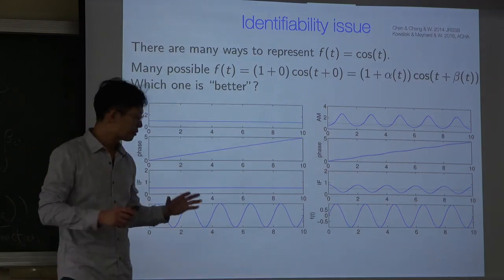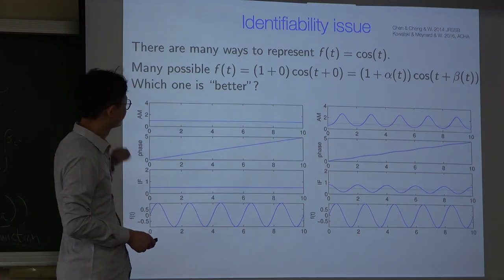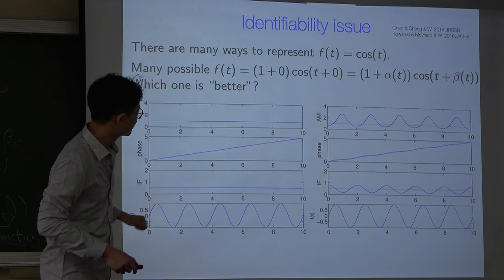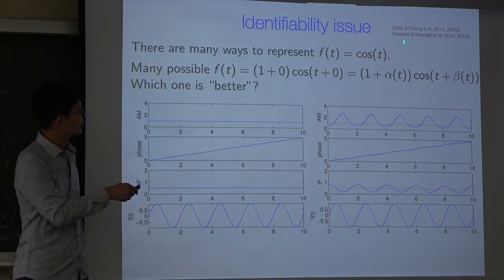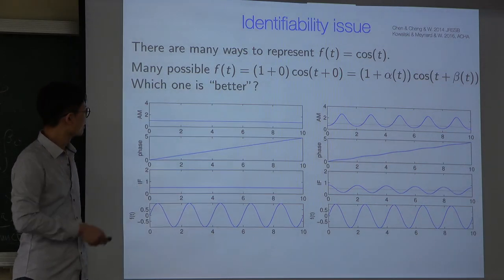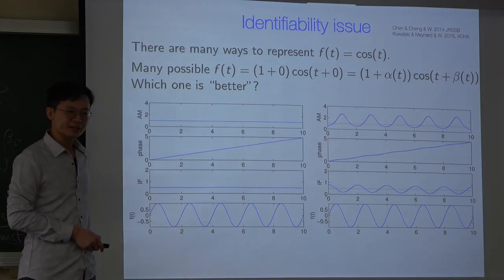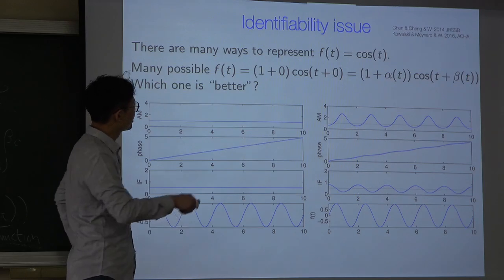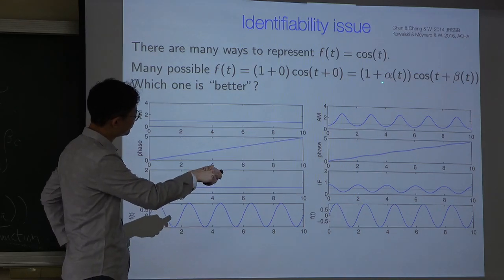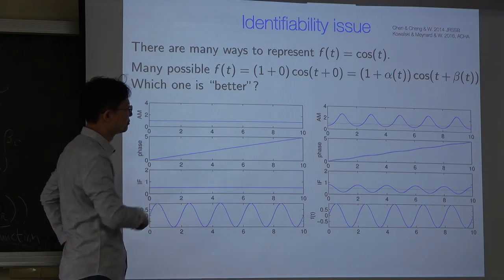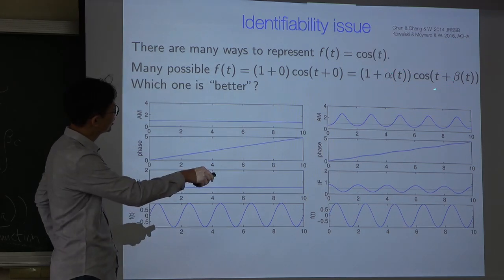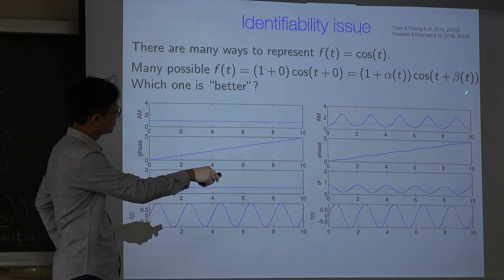For modeling purposes, you can see this picture as another example. I give you a very simple cosine function. Again, super simple, but you can change the amplitude modulation function by adding an alpha of t to 1, and you change the phase function to be t plus beta.